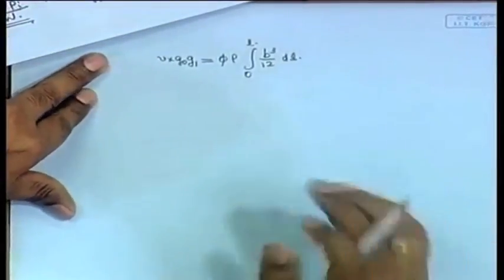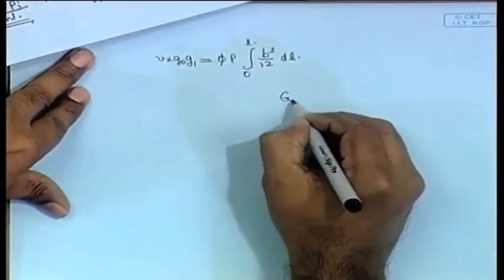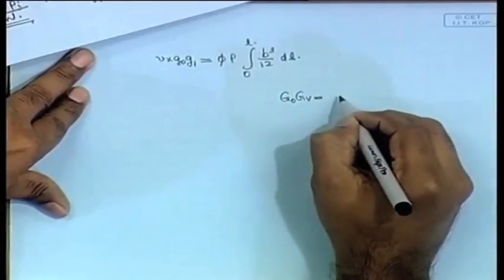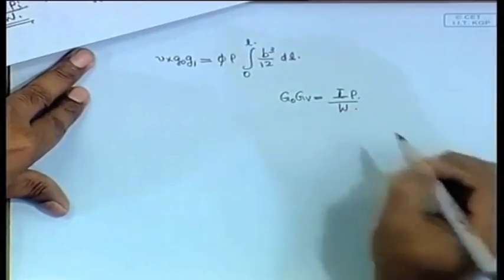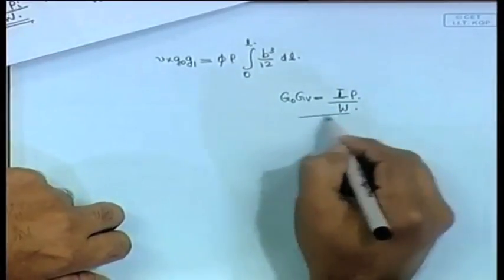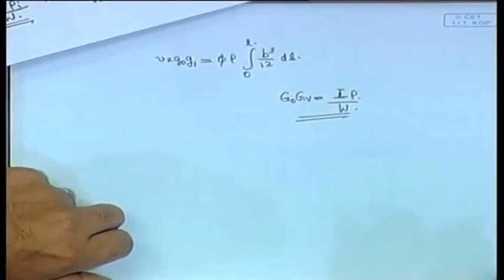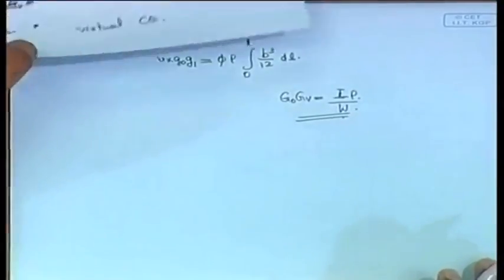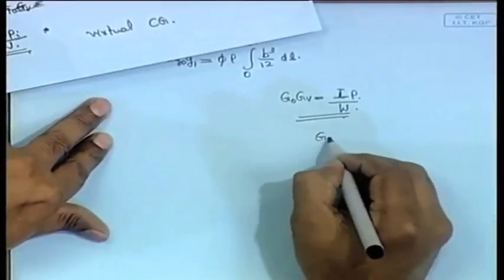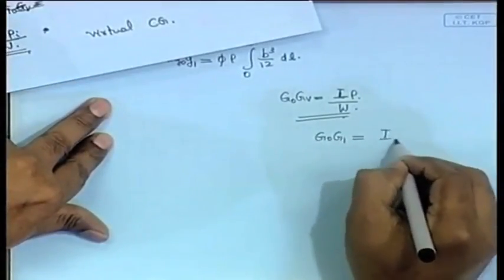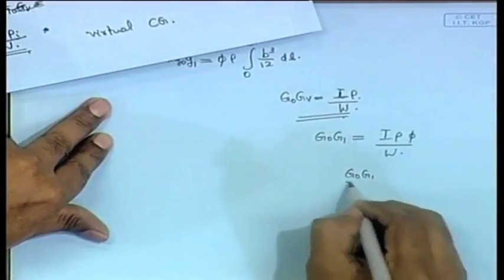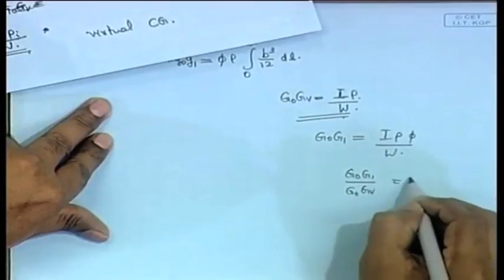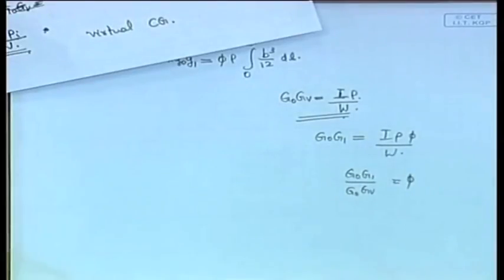It does not matter, you can take this formula for granted, that is G0 Gv is equal to capital I into rho divided by W. So, this gives you the distance through which the center of gravity moves in the vertical direction, and we have before an expression that gives how the center of gravity moves in the horizontal direction, G0 G1 is I rho phi by W. That is obvious, because G0 G1 by G0 Gv is just phi or tan phi. Tan phi is phi in this case. So, this is one thing.